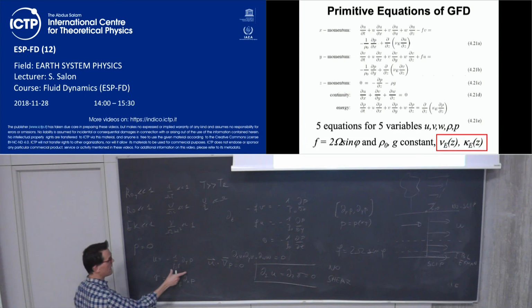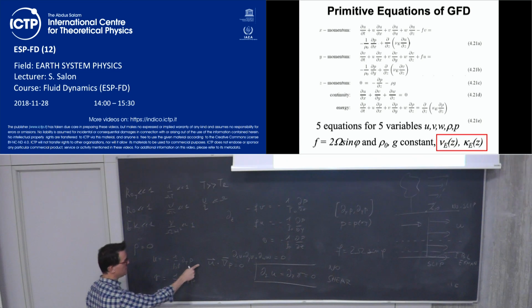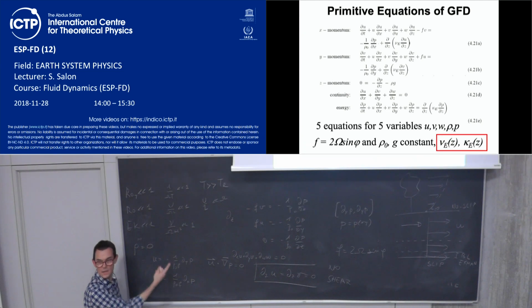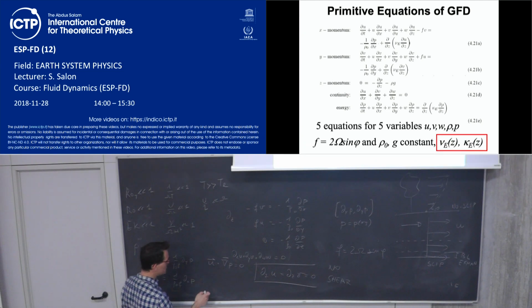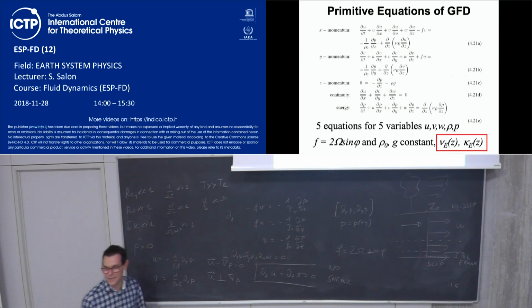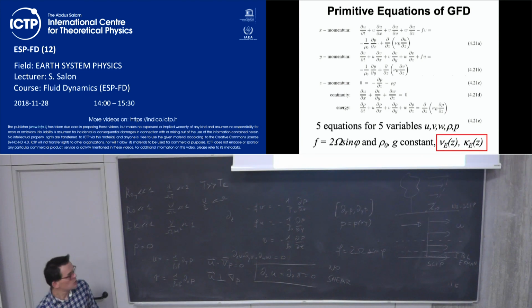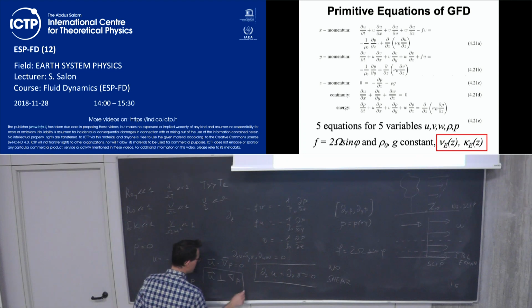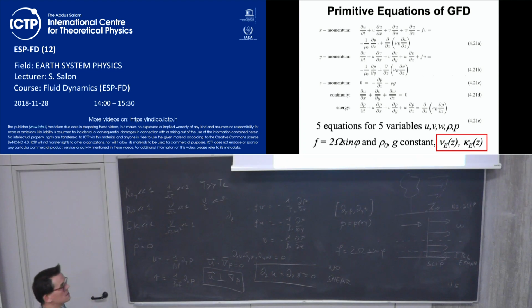So just take this, multiply by the dxP, take this, multiply by the dyP, and because of the minus which is here, you will find that this is 0. So what does it mean? It means that the velocity is perpendicular to the gradient of pressure. So this is another interesting aspect which is proper of the rotating fluid.